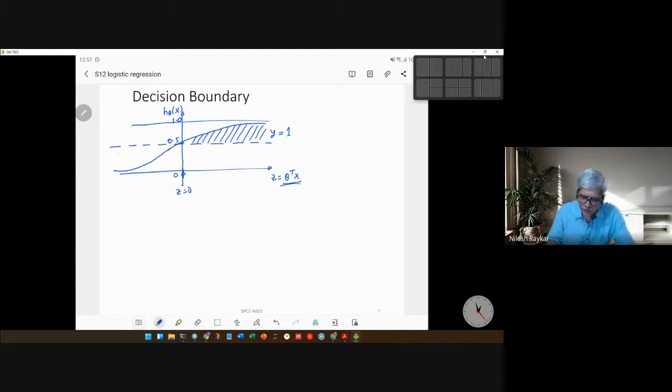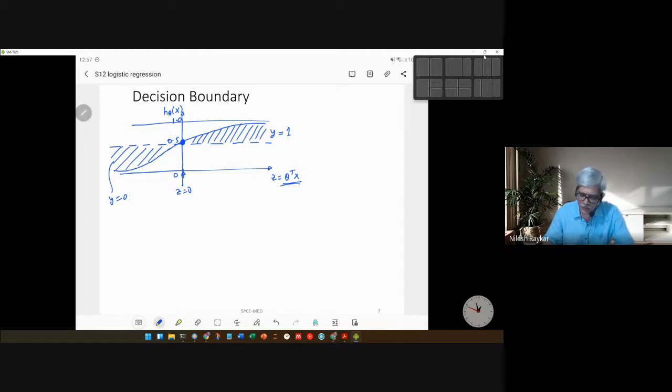The other part we will classify as the second class, y equal to 0. So if the function value is below 0.5 it is 0, above 0.5 it is 1. 0.5 is where you cannot decide. Below 0.5 one class begins, above 0.5 the other class begins.